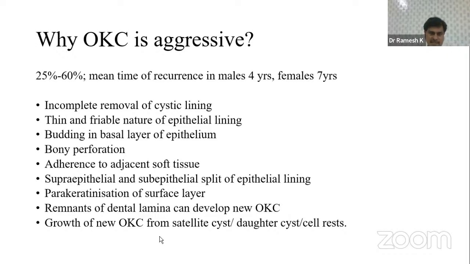Because of this aggressive nature of the OKC, instead of cyst enucleation, we are doing curettage followed by peripheral osteotomy, and we are doing chemical cauterization using Carnoy's solution in the standard protocol.